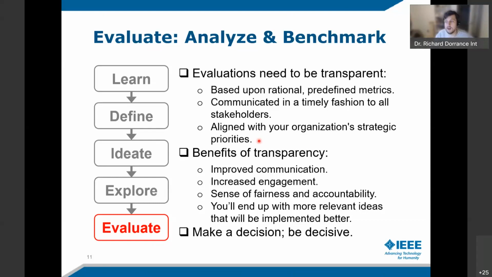That's the difference between strategic priorities if you're talking about academic versus a business.